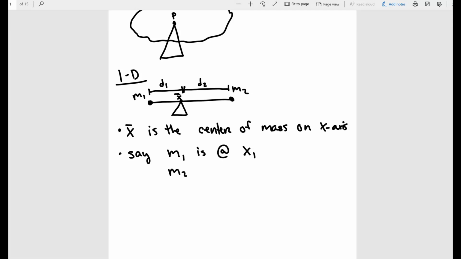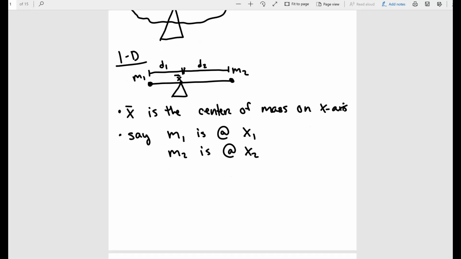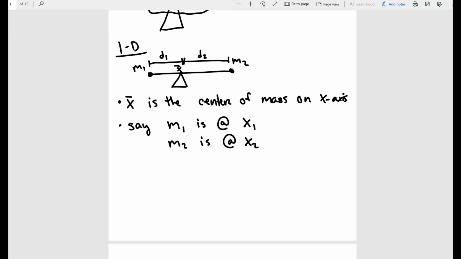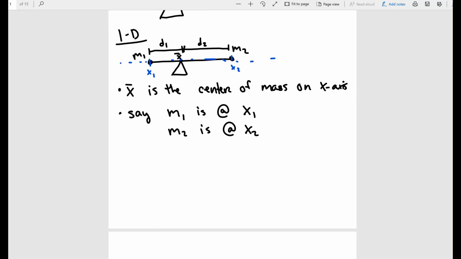And mass 2 is at some point x2, okay? So if this was supposed to be an x-axis, m1 is at x1, m2 is at x2.